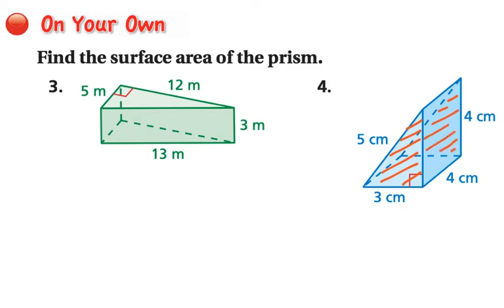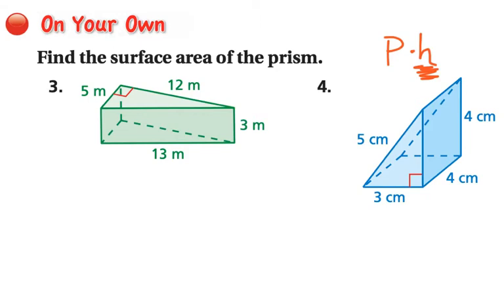So when you go to use your formula, and you go to find the area of the lateral faces, which asks you to take the perimeter times the height of the prism. Height, that's the distance between the triangles, the distance between the bases. And that can be a little confusing because when we think about height, we're thinking about how tall something is.